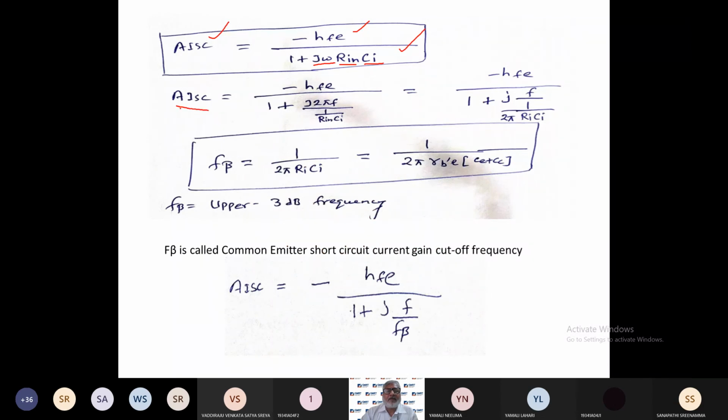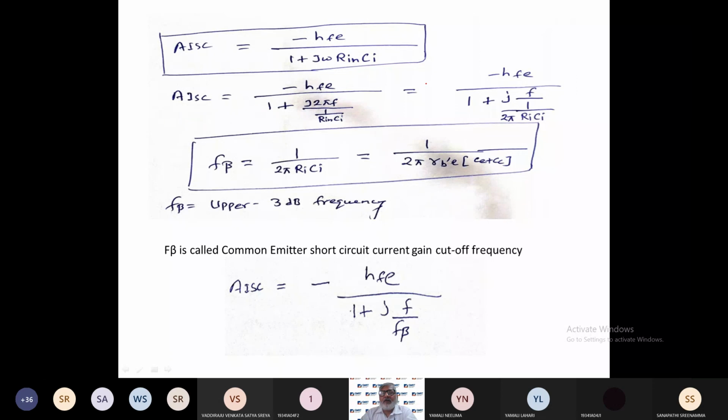And now the next step. You see, A i sc is equal to minus hfe in the numerator, and in the denominator 1 plus j, where in place of omega I have written 2 pi f, and I have divided by R in Ci, written as 1 by R in Ci. There is one purpose why I am doing this.